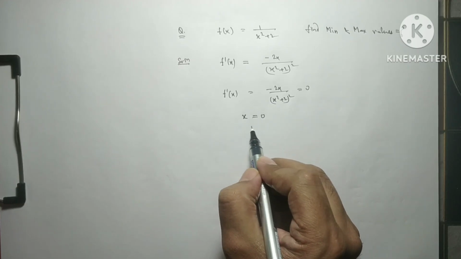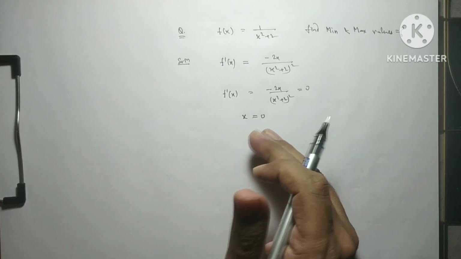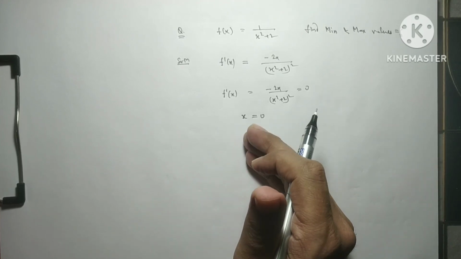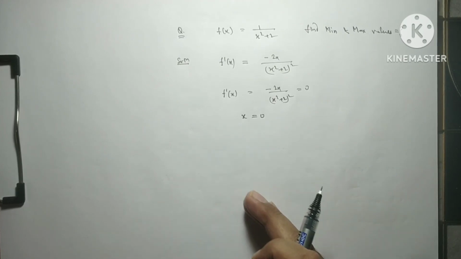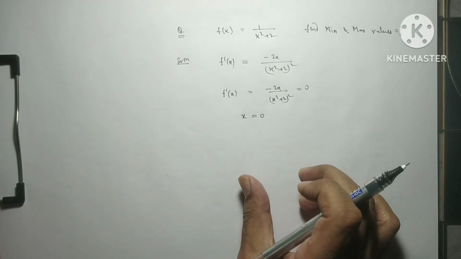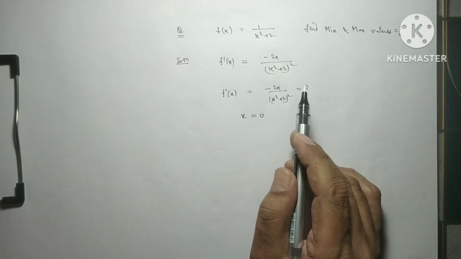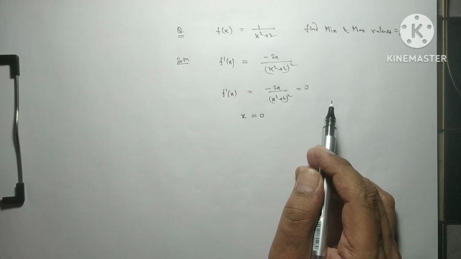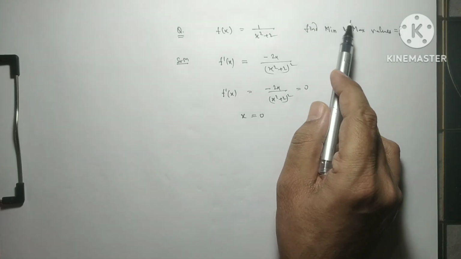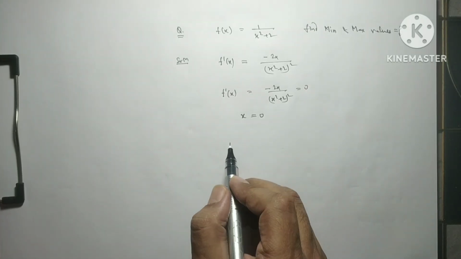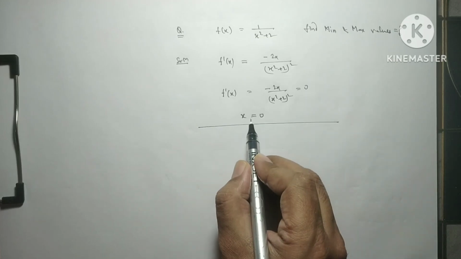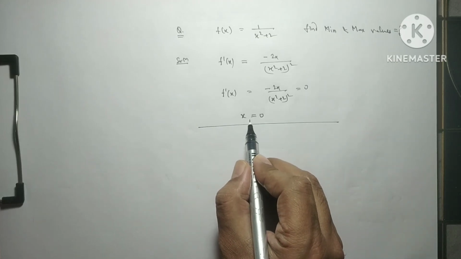So we will get the nature of the curve, the variation of the curve. Is it increasing to decreasing or decreasing to increasing? According to that we get the maxima or minima, and after that we will get the maximum and minimum values. So first we will take a slightly lesser value.